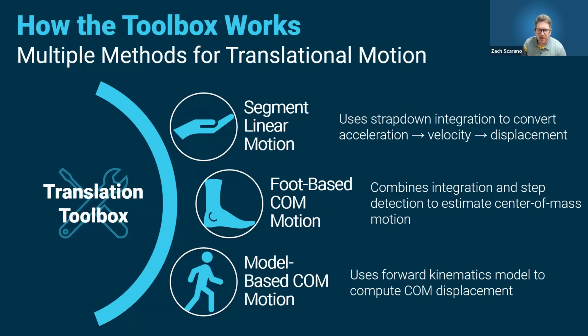And finally, we also have the model-based center of mass motion, which uses the full kinematic model to estimate displacement of the body center of mass utilizing some forward kinematics techniques. And no matter which method is chosen, there are also some drift correction options that are available to be enabled. So you can get reliable translational signals without additional manual processing.